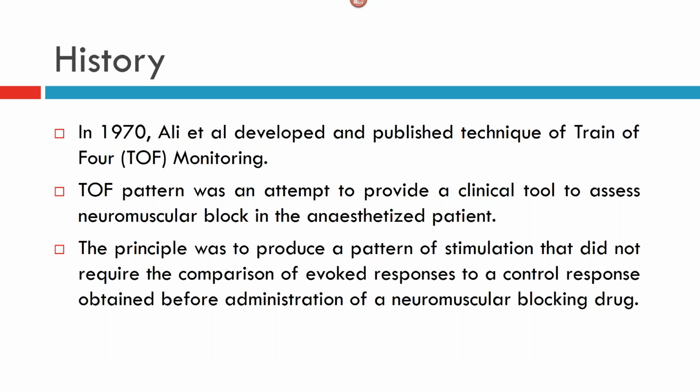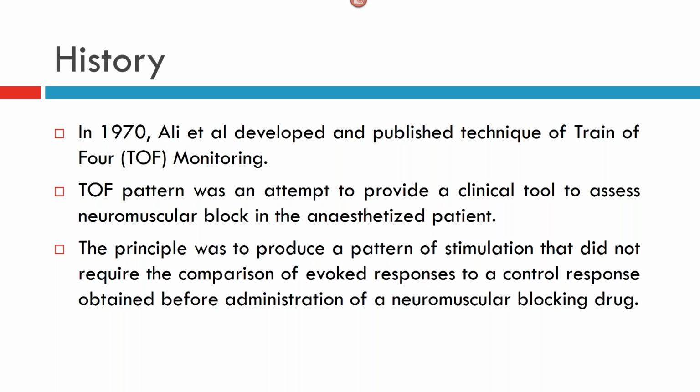So going from the history, in 1970, Ali et al. published the first paper and developed the technique for train-of-four monitoring. The train-of-four pattern was an attempt to provide a clinical tool to assess the neuromuscular block in the anesthetized patient. The principle was to produce a pattern of stimulation that did not require the comparison of evoked responses to the control baseline.